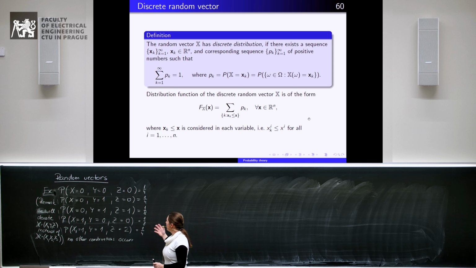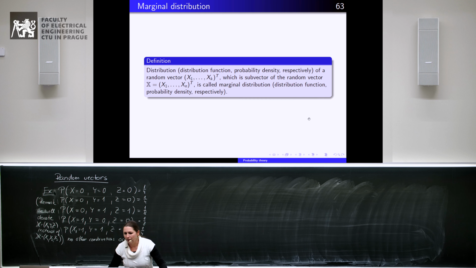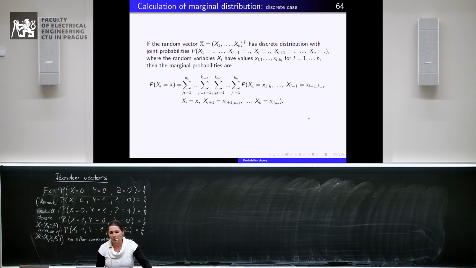When we are interested in the behavior of these combinations, we are given the concrete probabilities, but we can be interested in the random variables separately. So we know the distribution of the vector, the joint distribution of the vector, and we ask what is the behavior of its parts, let's say, the random variable X. The behavior of the separate parts is called marginal distribution. And when we care about the marginal distribution of a concrete random variable, the approach is the following.